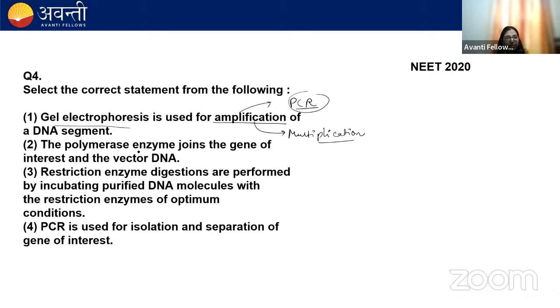Option 2 says that polymerase enzyme joins the gene of interest and the vector. No, this is the function of DNA ligase. DNA ligase joins the gene of interest, that is a foreign DNA, with the vector DNA. It's not the function of polymerase, it's a function of DNA ligase. Very good, Veena.